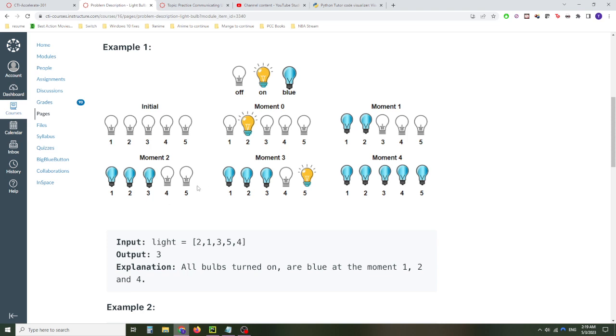So only previous lights matter. In this case, it happens to be the sequence sum.